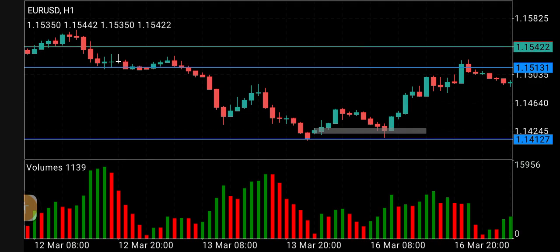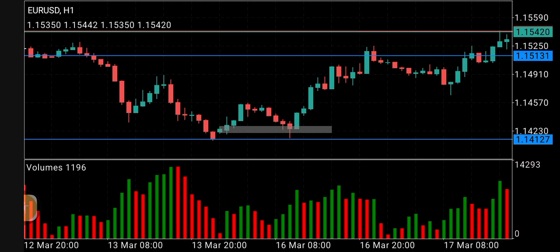So if you subtract 1.1424 from 1.1513, we are talking about 90 good pips. Our risk is 13. We are targeting 90. So the risk reward ratio is more than 7, 1:7. And it exactly happened.